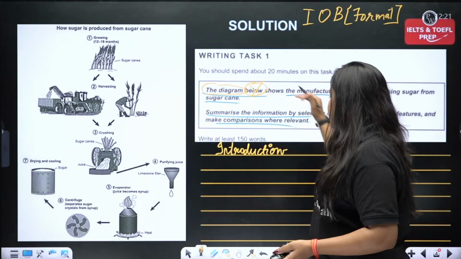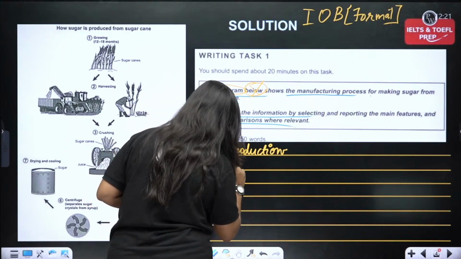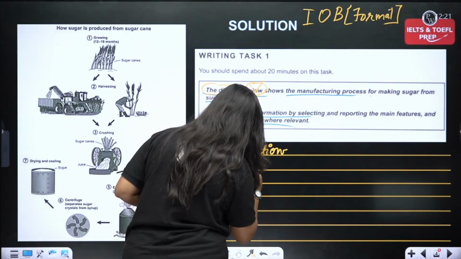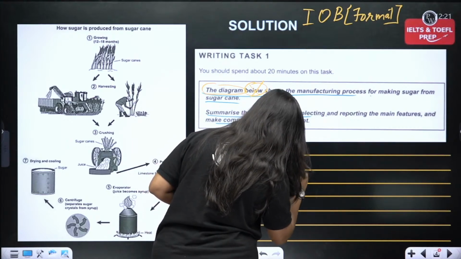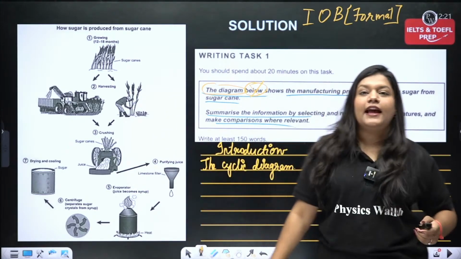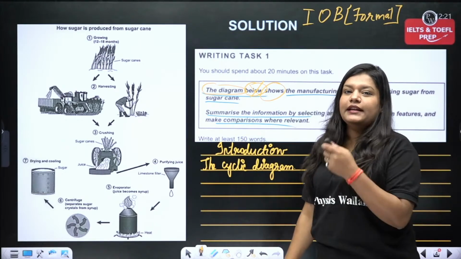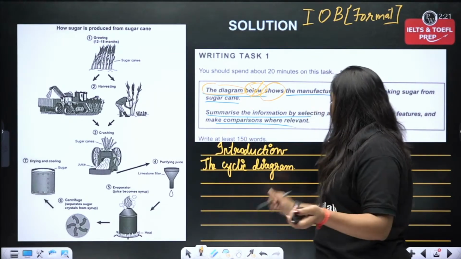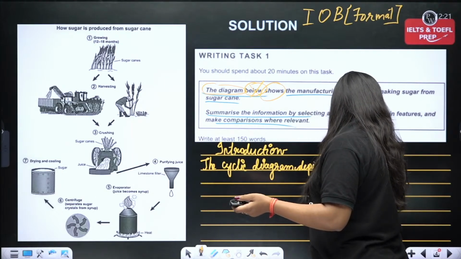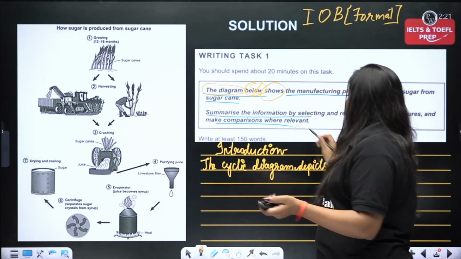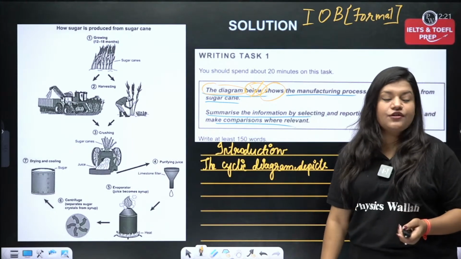तो क्या है the diagram? So what am I going to write? Now what's the next thing? The cyclic diagram. अब यहाँ पे क्या लिखा है? Shows लिखा है. तो instead of shows, I'm going to write any other synonym that's going to be mentioned. ठीक है? Depicts the manufacturing process. Depicts what? The manufacturing process.